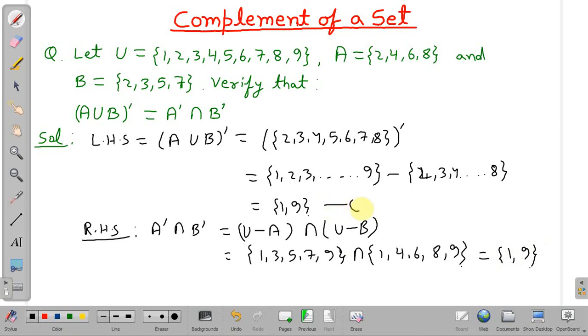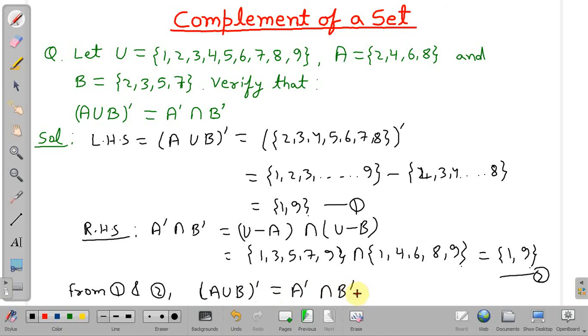So from 1 and 2, if this is 1 and this is 2, what we can conclude is that (A union B) complement equals A complement intersection B complement. So in this lecture, we have discussed the complement of a set and also some important results about the complement of a set. Okay friends, thank you.